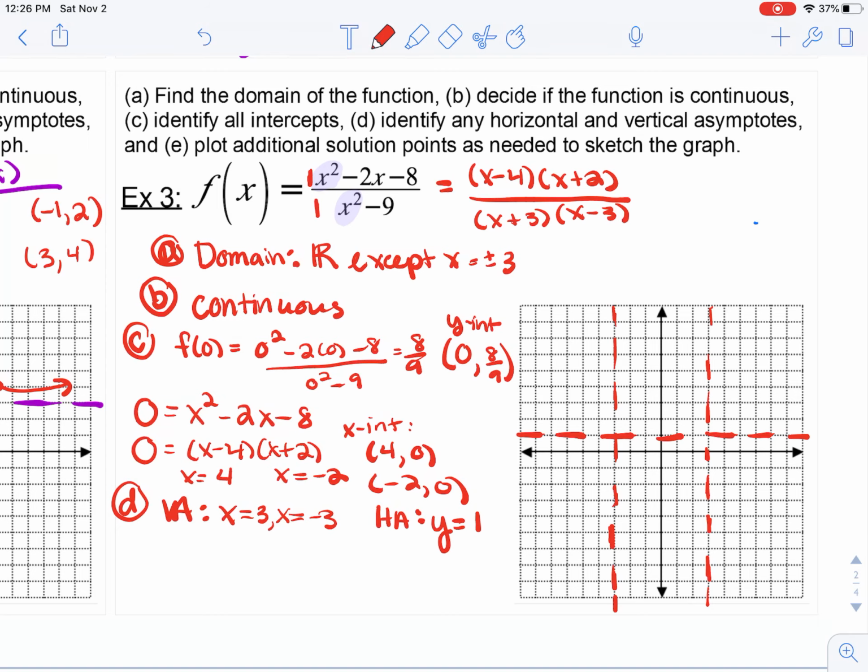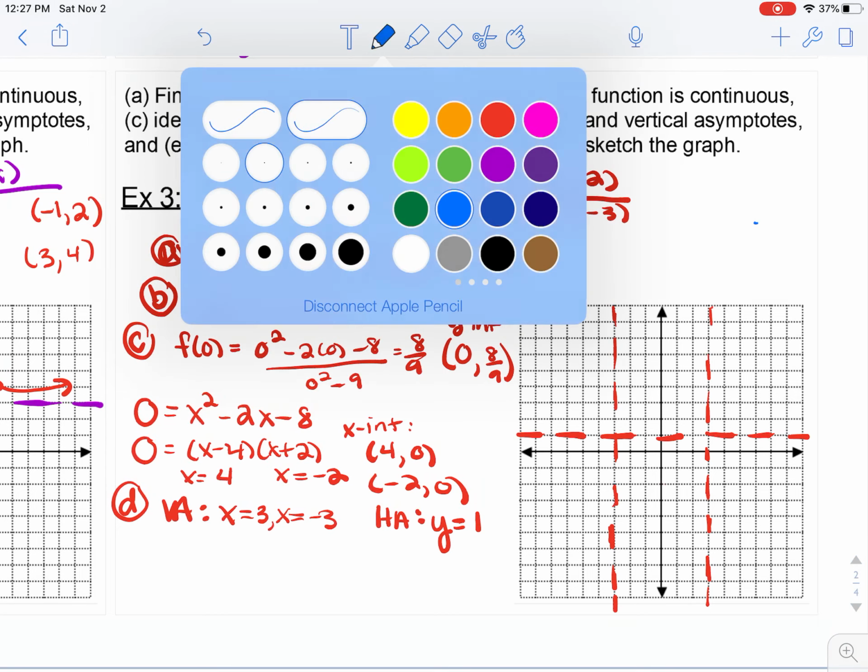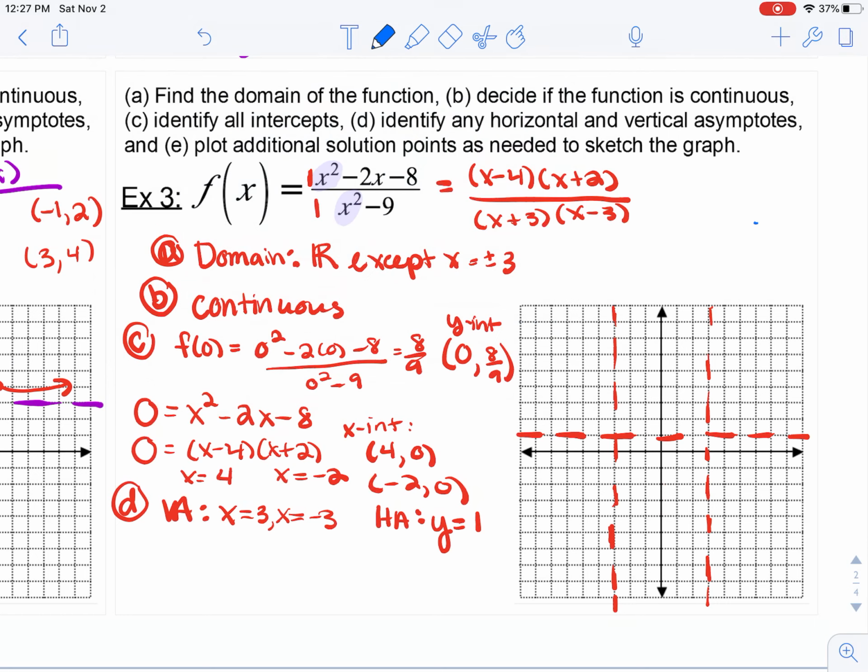And then let's plot our x-intercepts as well. So my x-intercepts are at 4, 0, and at negative 2, 0.